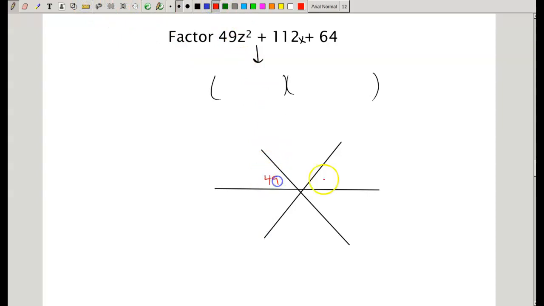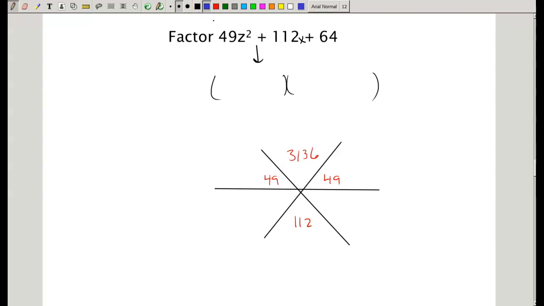So 49, 49, this is 112, and then 49 times 64, which is 3136. And so we'd have to multiply up to 3136 and add up to 112. Now 3136 is a perfect square.